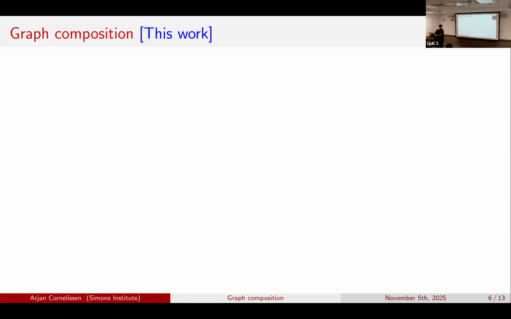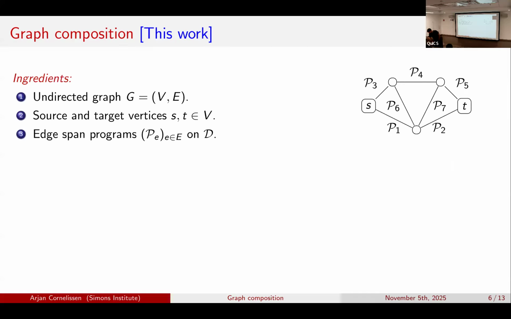Then next what I want to talk about is a little bit what this graph composition framework is. This graph composition is also a framework, a quantum algorithm framework, right? So I'll first talk a little bit again about what this mathematical object is that you need to define, which you can then as a black box turn into a quantum algorithm.